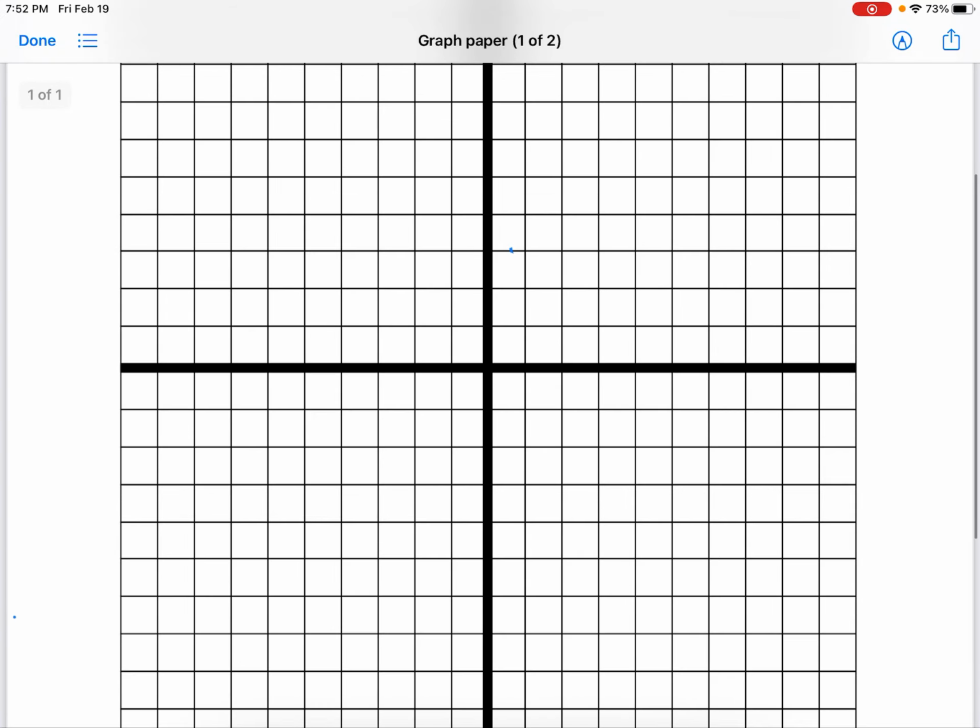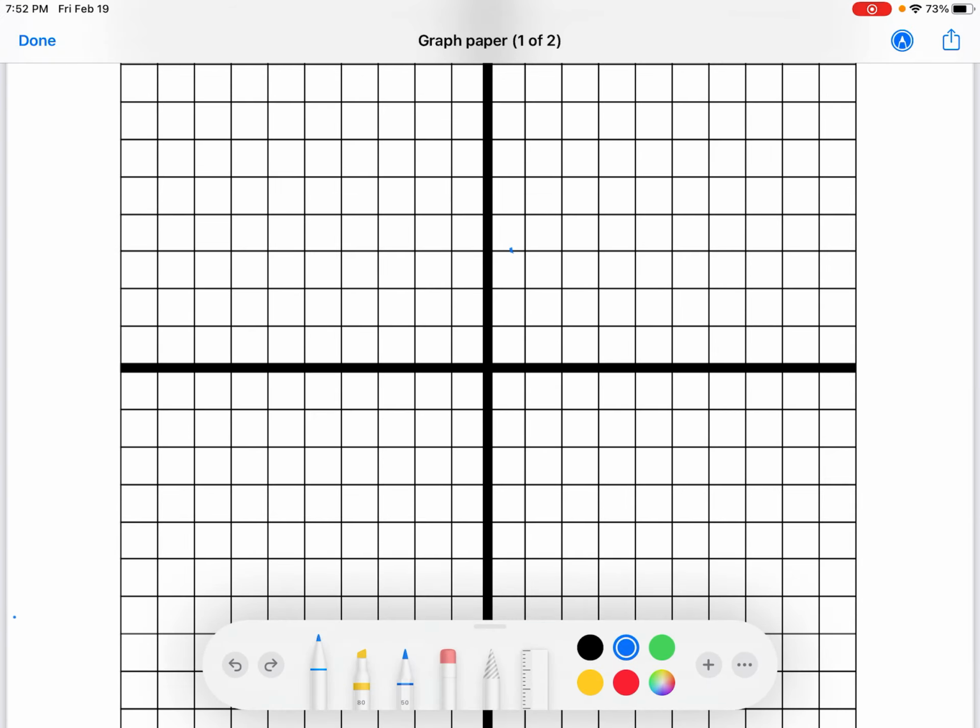So 4 is the y-intercept, so that's going to be right here. That means if the slope is 2, we go up 2, right 1 over and over, or down 2, left 1. So we get the points.